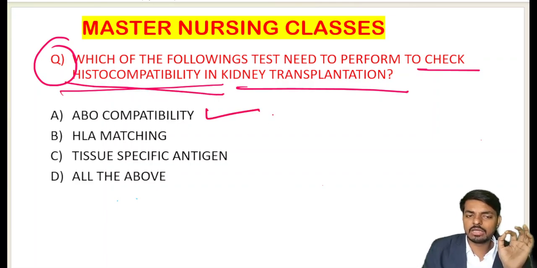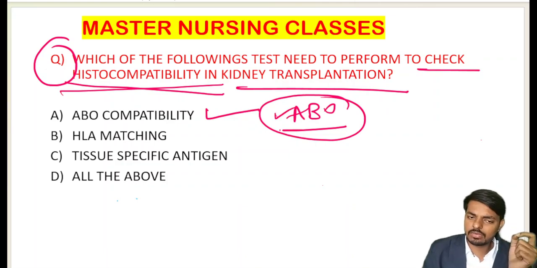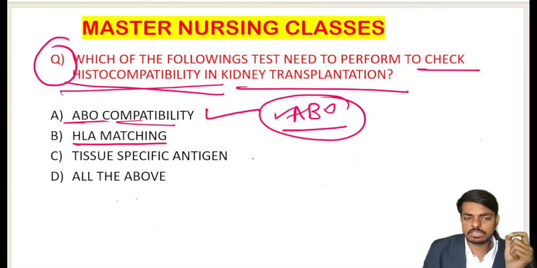First we will check the ABO, meaning whether their blood group is matching or not, and whether any autoantibodies may form against this ABO. We check that first. That is the ABO histocompatibility, and we will check for HLA matching also. What is HLA matching? HLA is human leukocyte antigen matching.